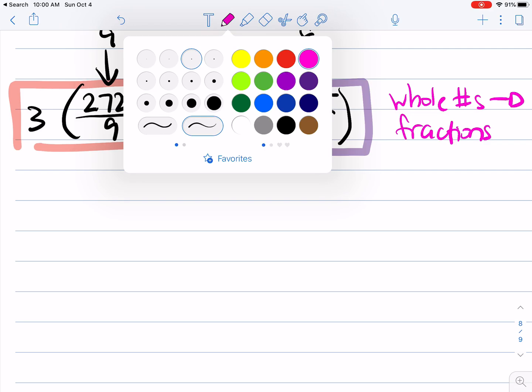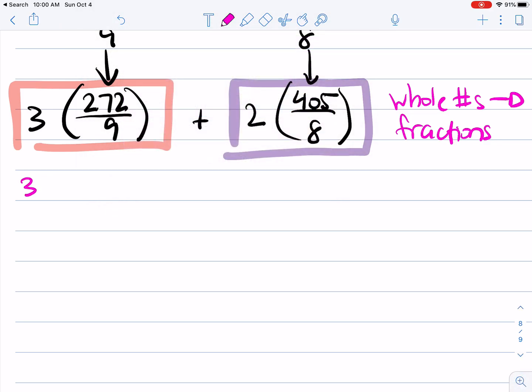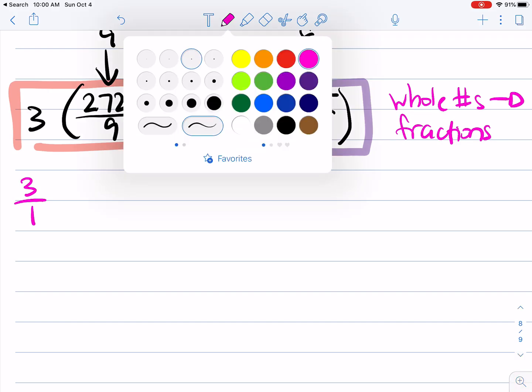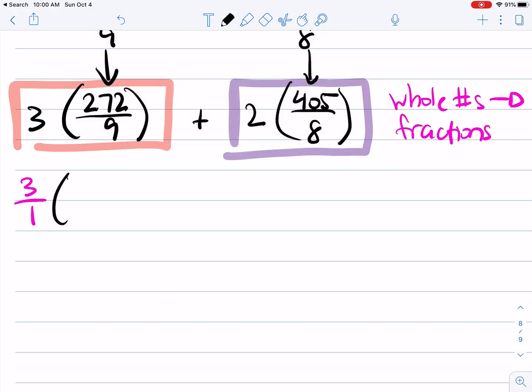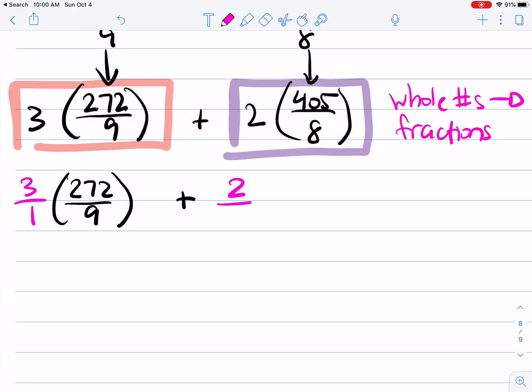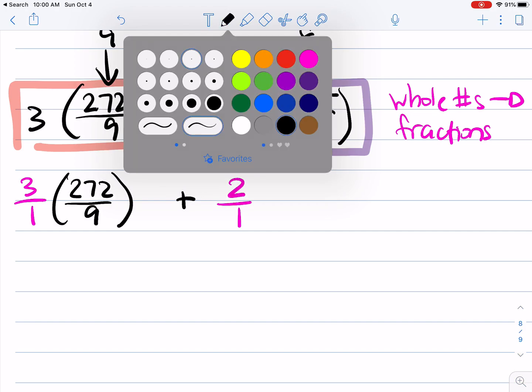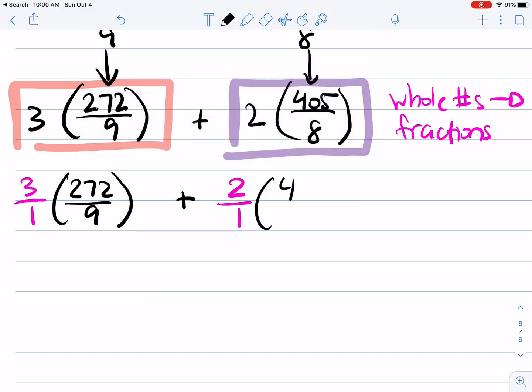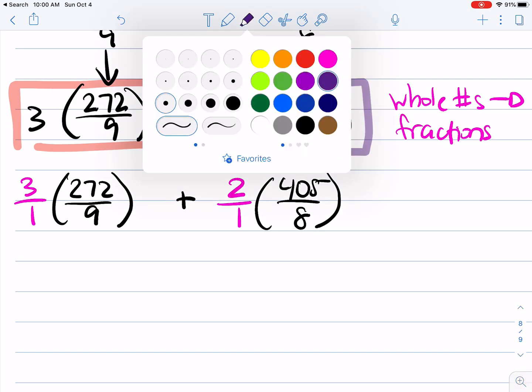So this is going to look like 3 over 1 times 272 over 9. And then this is going to be 2 over 1 times 405 over 8. Okay, so let's take care of this red part first.